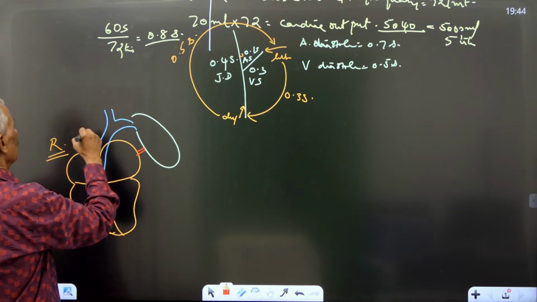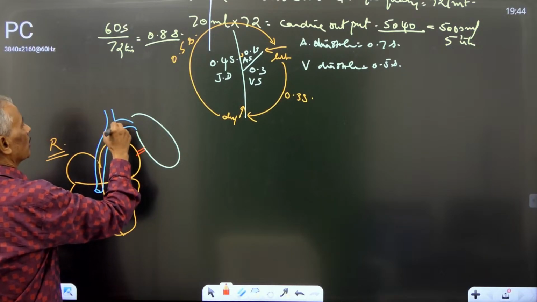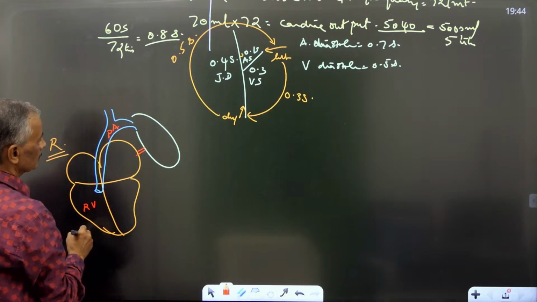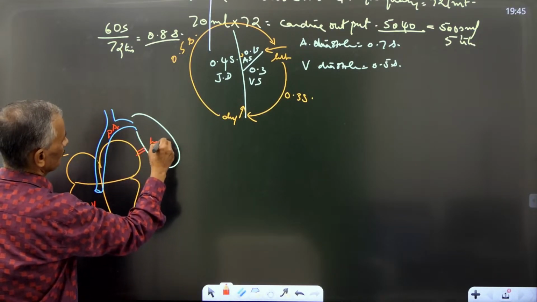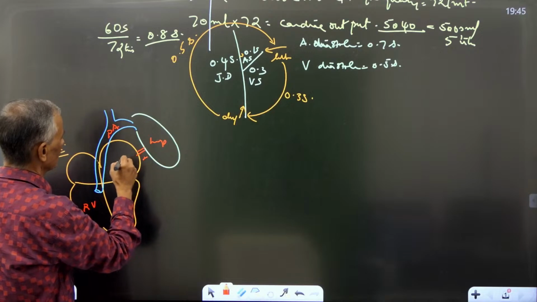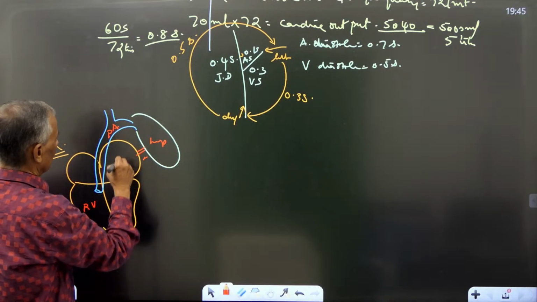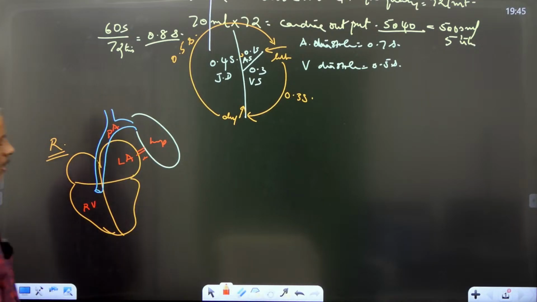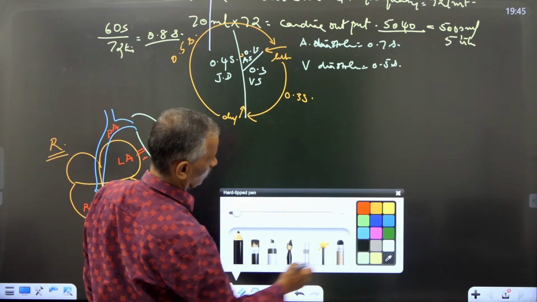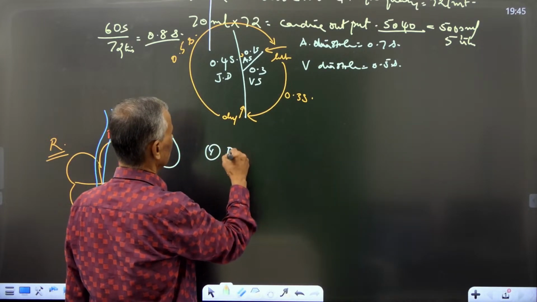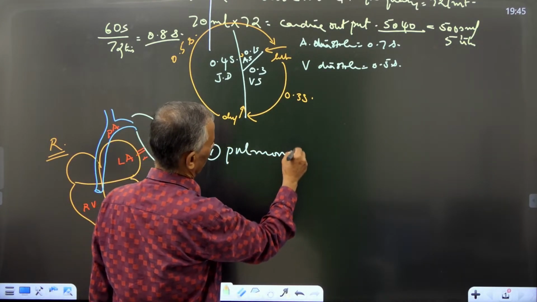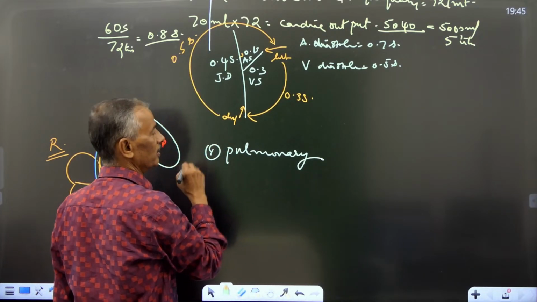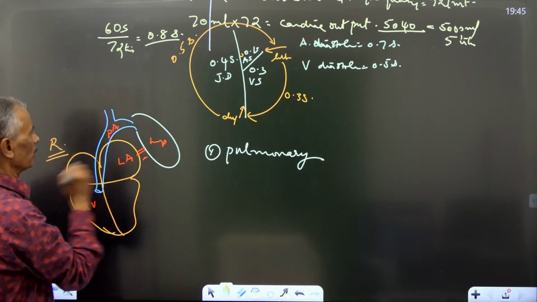So, through the pulmonary artery, blood is leaving the right ventricle, reaching the lungs, and after oxygenation, reaching the left atria. This circulation is called pulmonary circulation. It is called pulmonary circulation because heart is pumping blood to the lungs, pulmonary organ.